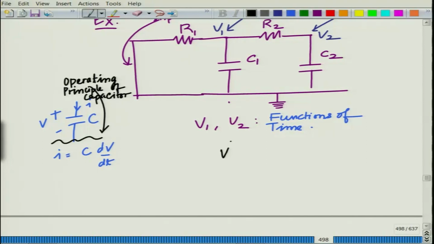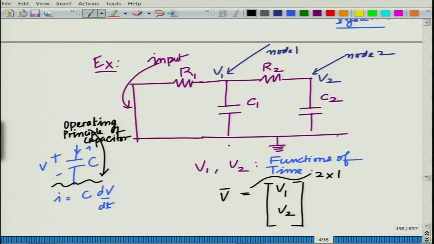Anyway, the point is, now let us define the vector V bar as V1, V2. Naturally, this is your 2 cross 1 vector. This is your node 1 and this is your node 2, so you can write KCL at both nodes.